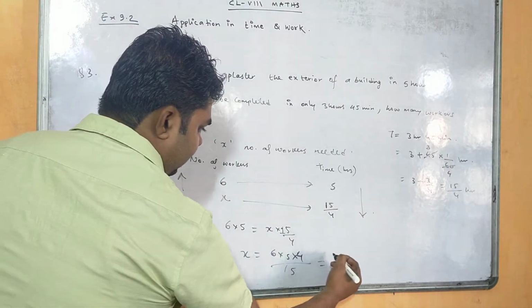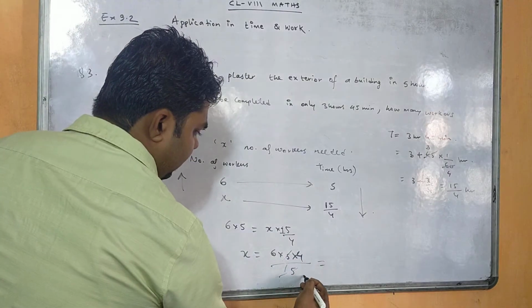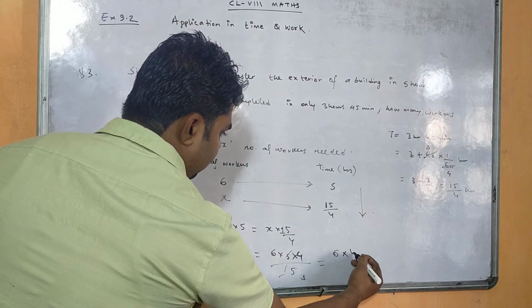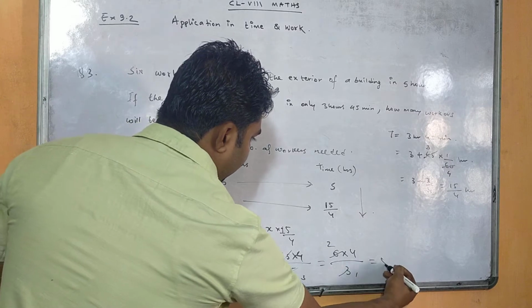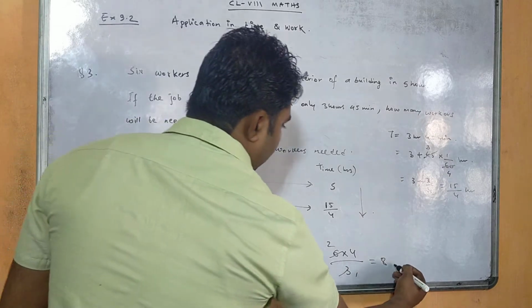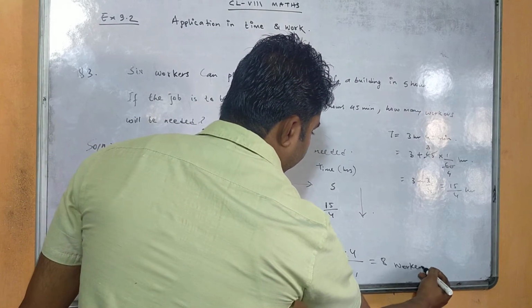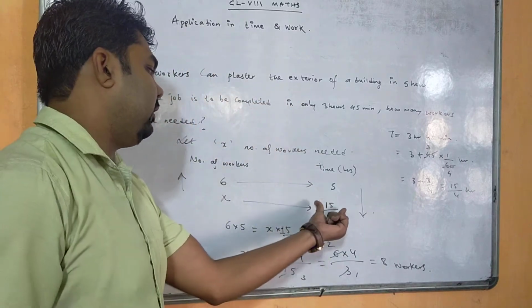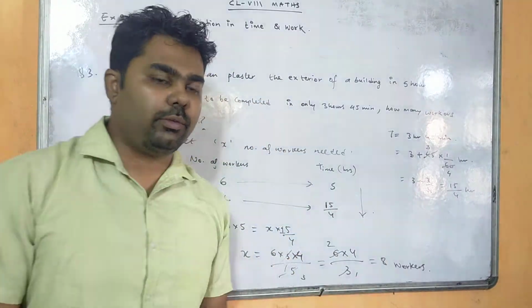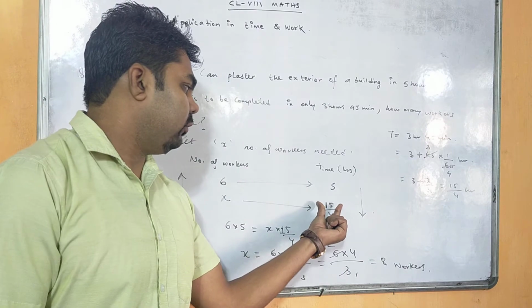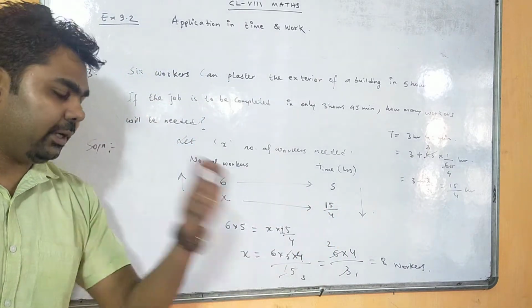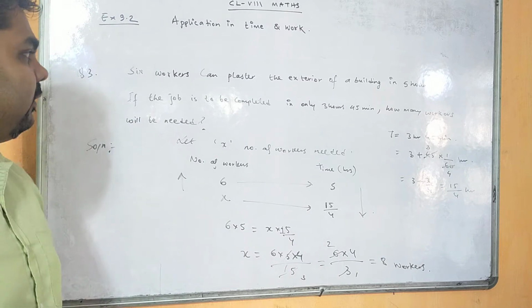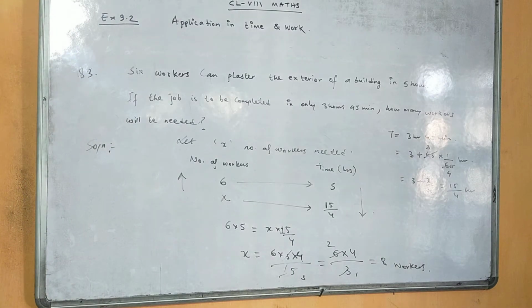Now cancellation, 5 1s are 5, 5 3s are 15. So what we get is 6 into 4 by 3. 3 1s are 3, 3 2s are 6, that means 8. So 8 workers. I wrote here 5 by 4 as the 1 was not visible. It is not 5 by 4, it was 15 by 4. Now when you cross multiply, you will be getting 8 workers. So 8 workers is the correct answer.